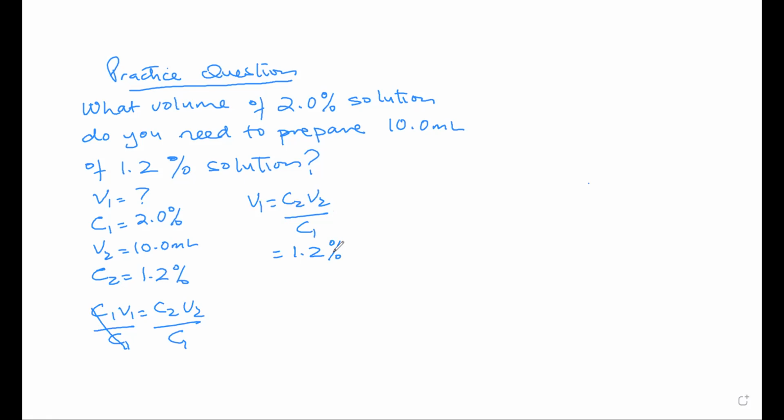It's not necessary here because the percent will cross out. Then V2, 10.0 ml, divided by C1, 2.0%. You see this will cross out, that's why that is unnecessary. And after you do that, it will be 6.0 ml. That's how much of the 2% you need to prepare that solution.